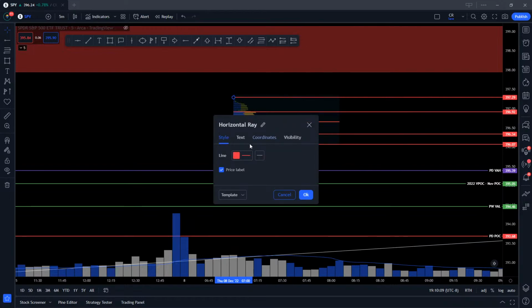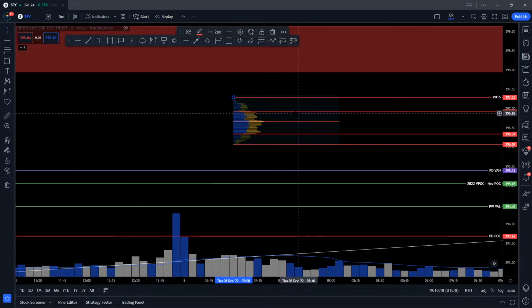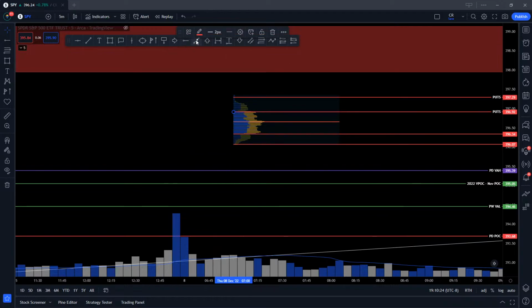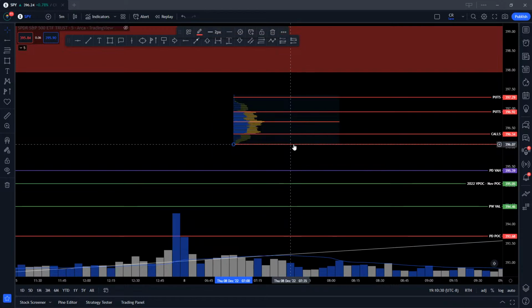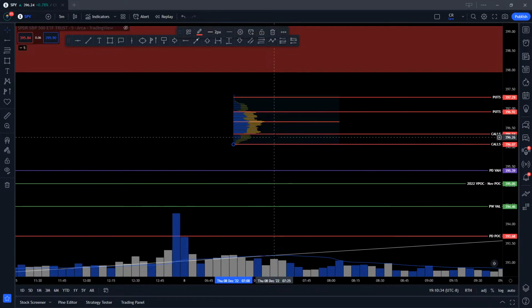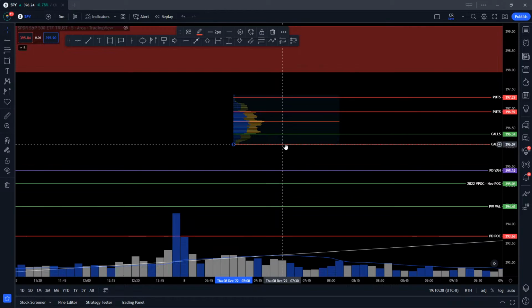And then just to make it cleaner, we'll change these to green.